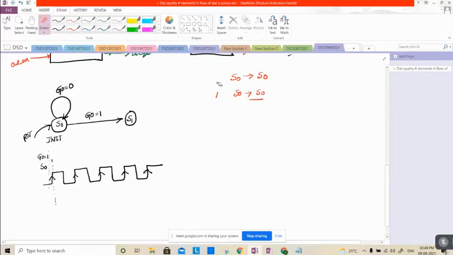Now what is supposed to happen whenever I am moving into S1? Control signals. This entire state diagram is all about generating the control signals only.